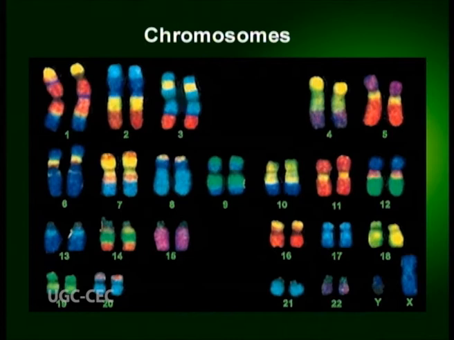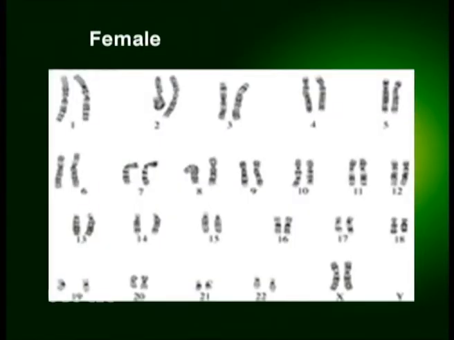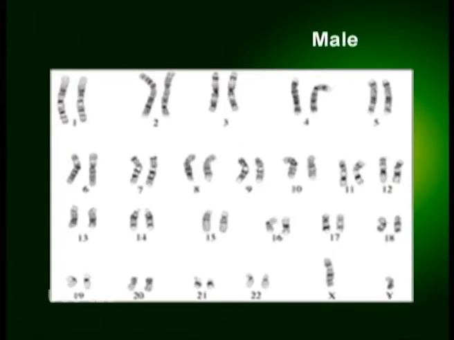In humans, there are 46 chromosomes. 44 chromosomes are common between male and female, but only one pair, only 2 chromosomes, are different. In case of female, there will be 2 X chromosomes, but in case of male, there will be 1 X chromosome and 1 Y chromosome.